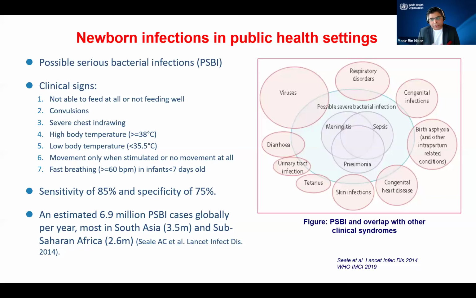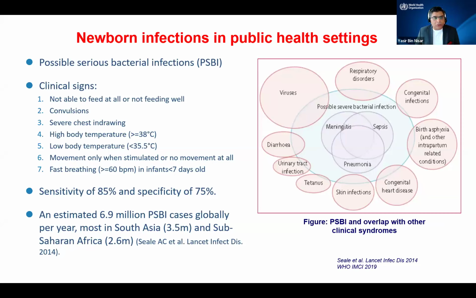It's very difficult to distinguish between viral and bacterial infection, and there is no point of care diagnostic test with high sensitivity and high specificity to tell us which is viral and which is bacterial. That's why, whenever there is an infection, we empirically start antibiotics.